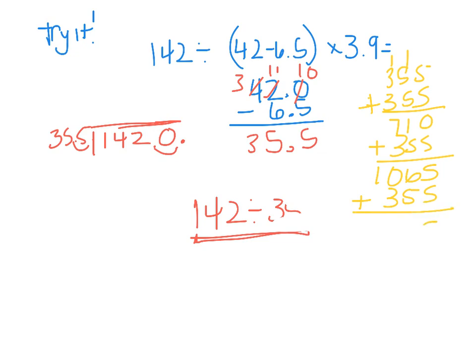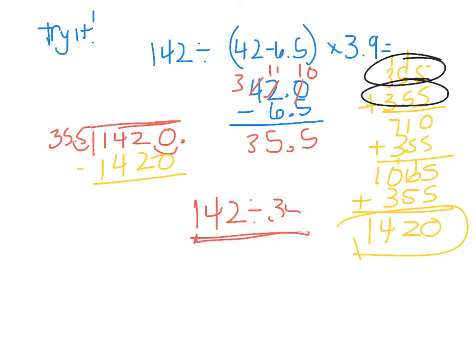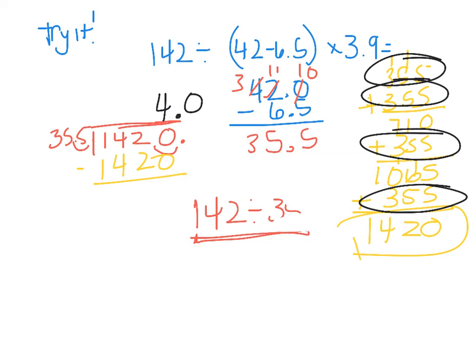Let's see if this is too much. Oh no, it's going to be perfect. Perfect. Look here, I found 1420, which is what I was looking for. Whoops. Put that down here. Now I just need to find out how many times I added 355. So I had 1, 2, 3, 4. So I had 4. It went in perfectly, no remainder, so 4.0.